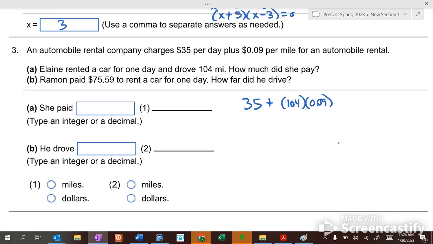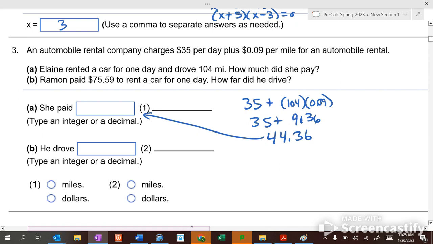Somebody help me out with a math calculation there. $9.36, something like that. 9 cents a mile times 104. Right? Okay, and then we add that, so it winds up to be $44.36, right?